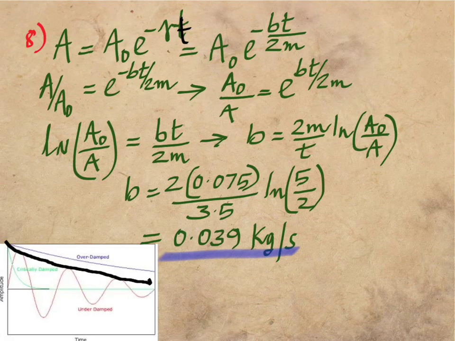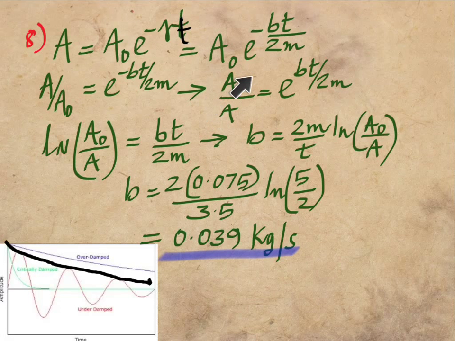In number 8, the amplitude in damped motion changes according to this relation, and you know that gamma is b by 2m. So rearrange the A by A naught is e raised to negative, but do notice that when you make this positive, this left side is flipped.